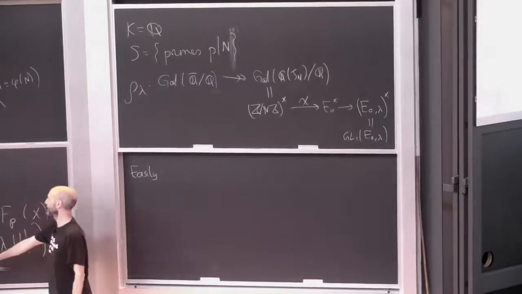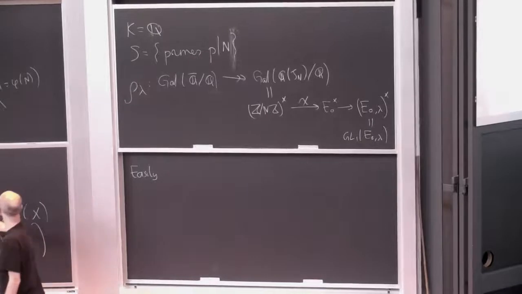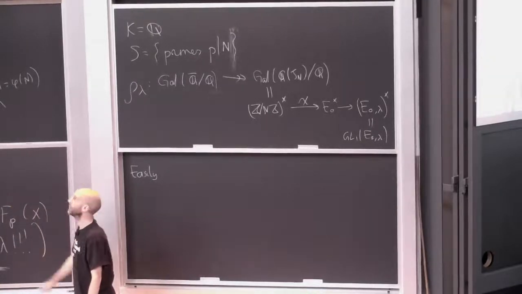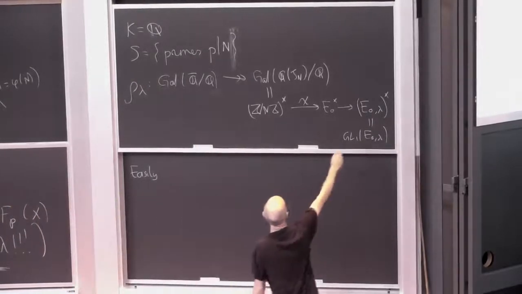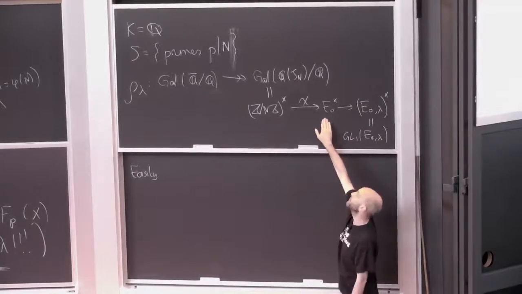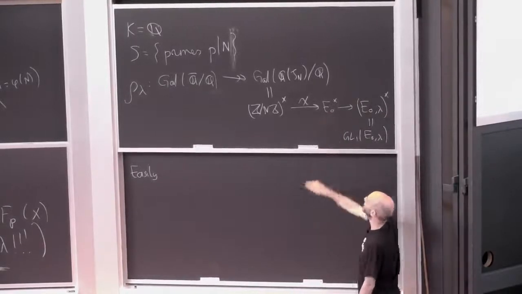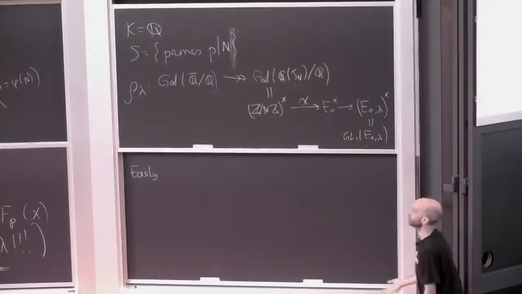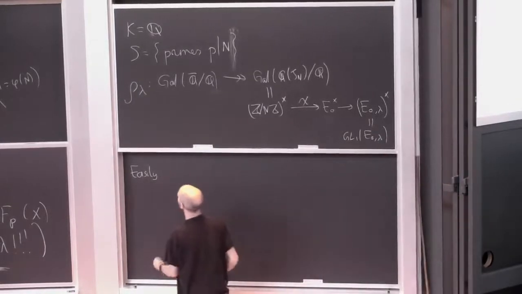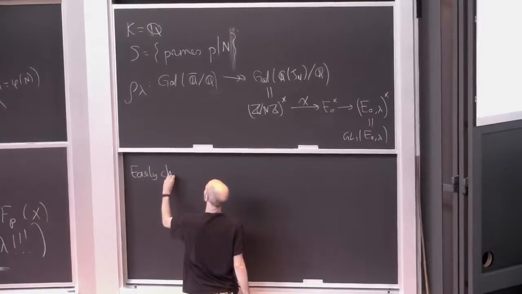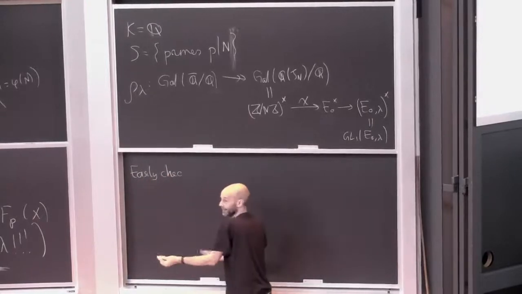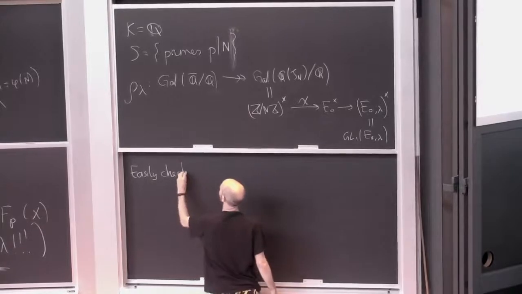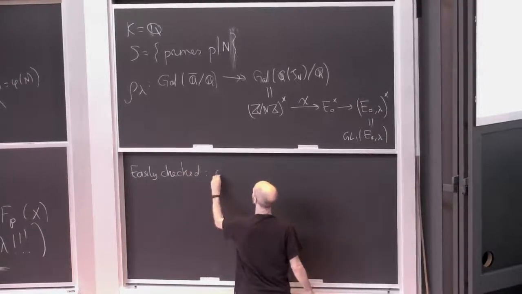This amazing matrix here has got some char poly that's independent of lambda. And the reason that's true is because that matrix is living in here. It's a 1-by-1 matrix with coefficients in E0. And then you can pretend it's in E0 lambda for any lambda, but it doesn't change, right? So this is easily checked, or relatively easily, I mean in comparison to the thing I'm about to say, easily checked. This is a compatible system.